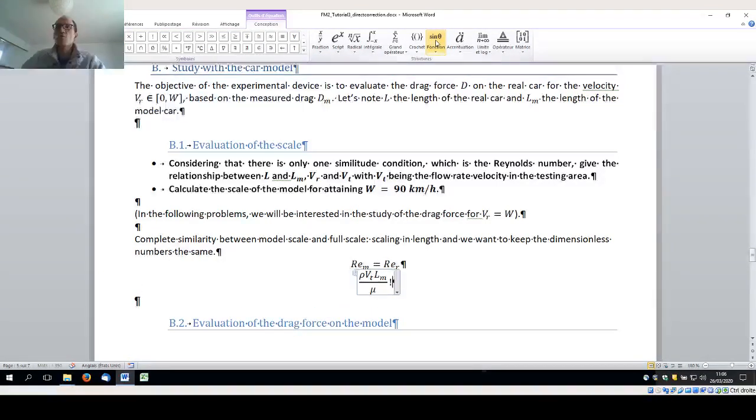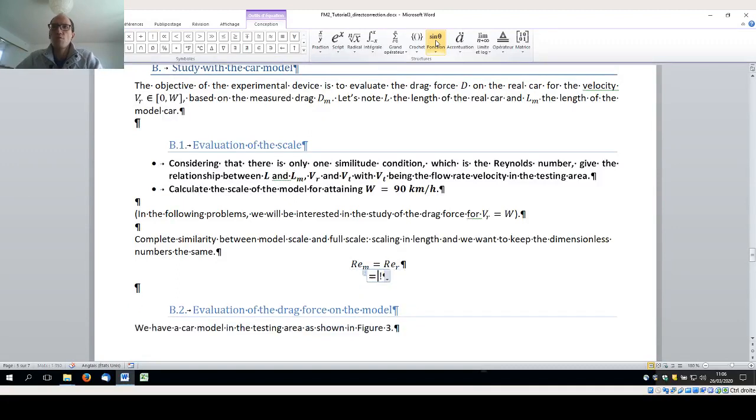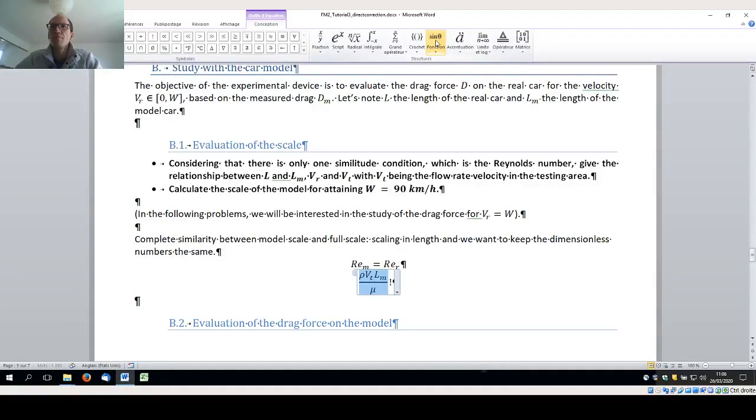So it is equal to the same thing for the real car of full length. Okay, so this should be quite straightforward.